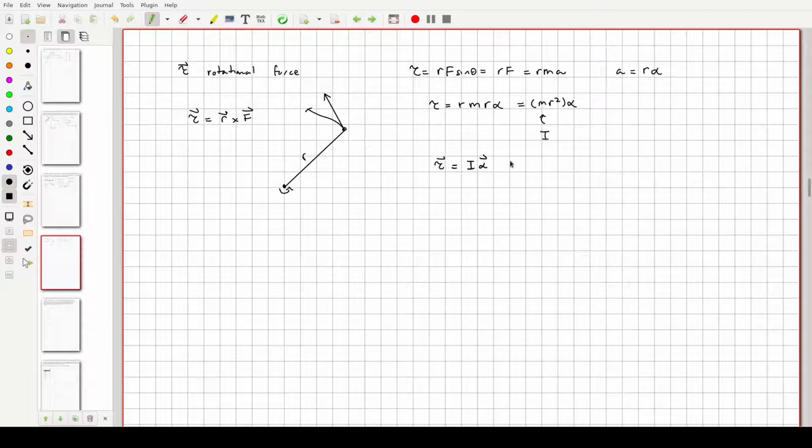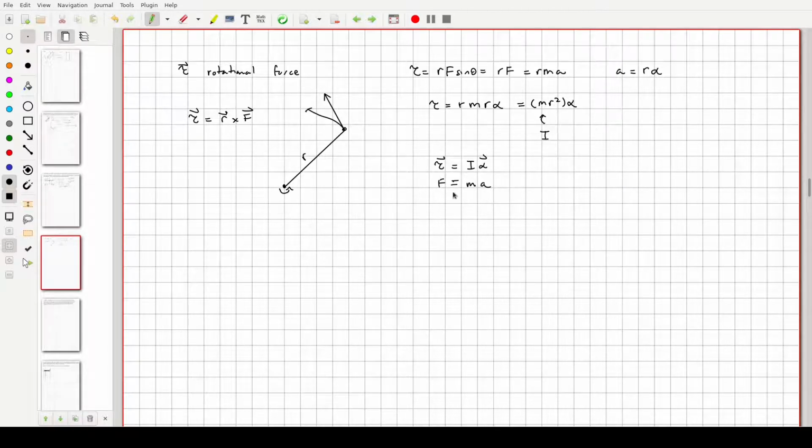The reason is that I is the thing that acts like mass, alpha is the thing that acts like acceleration, and torque is the thing that acts like force. So it looks the same. Even though as a concept it's new, it's really not all that new.